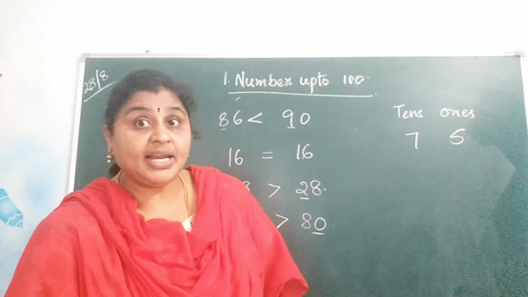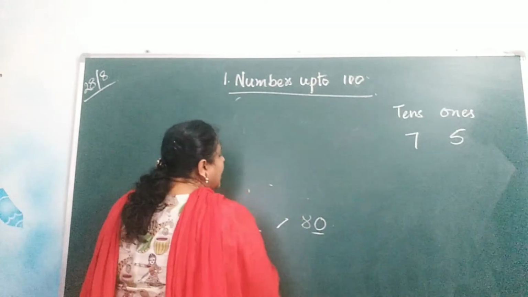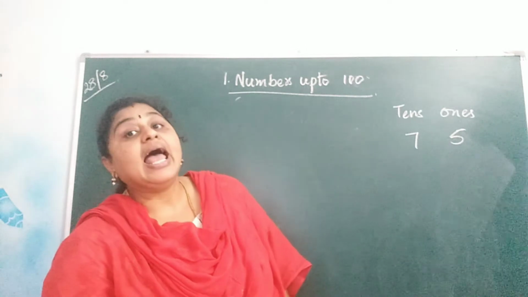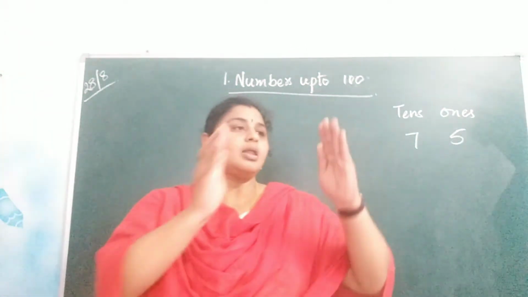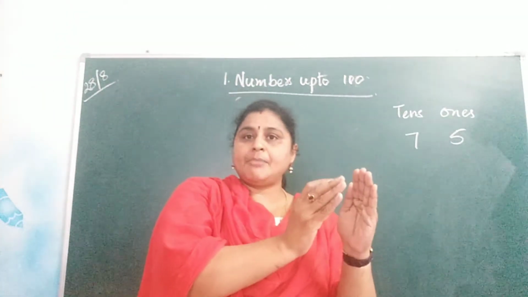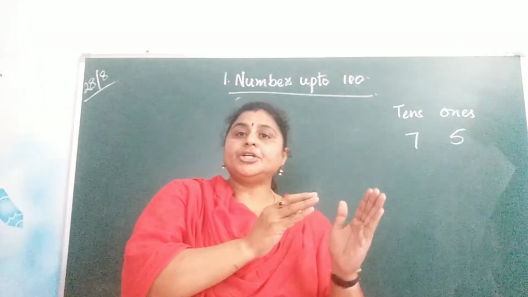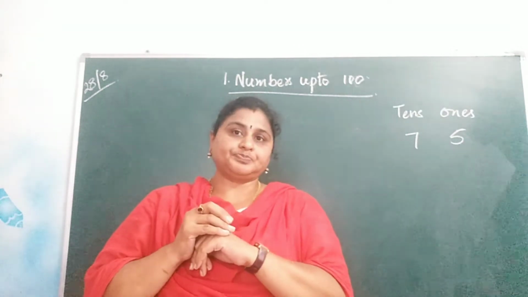Now if we have many numbers, how to compare? Let us discuss that also. Now you have a bunch of numbers that you have to arrange in ascending and descending order. Ascending order, small to big. So first you will be writing the smallest number, the next smaller, the next smaller. So smaller to bigger number is nothing but ascending order.